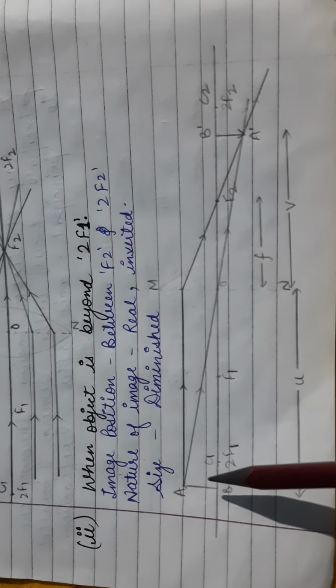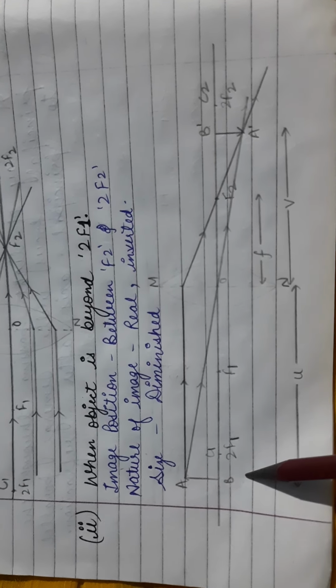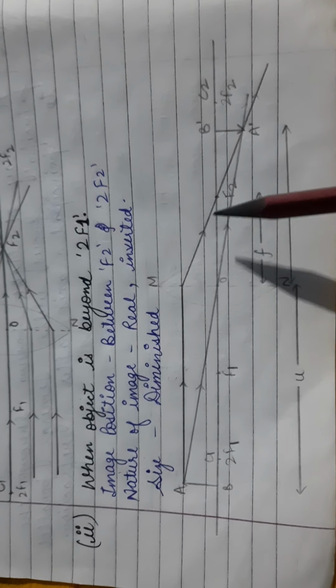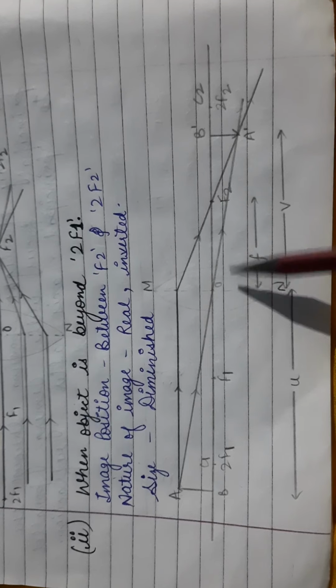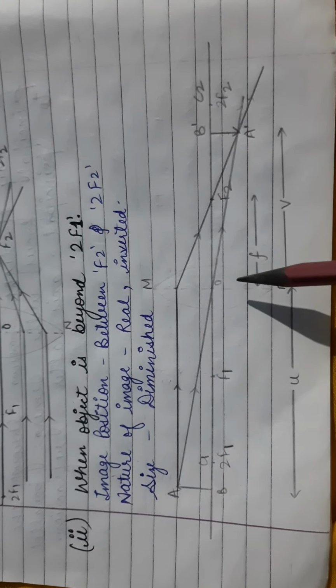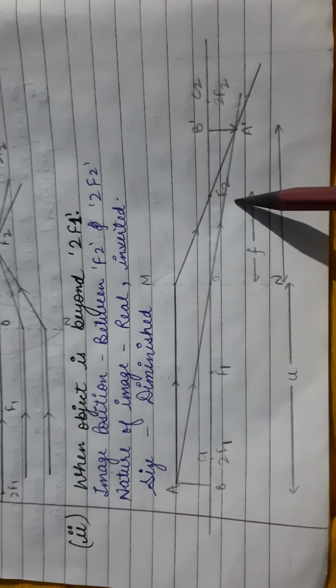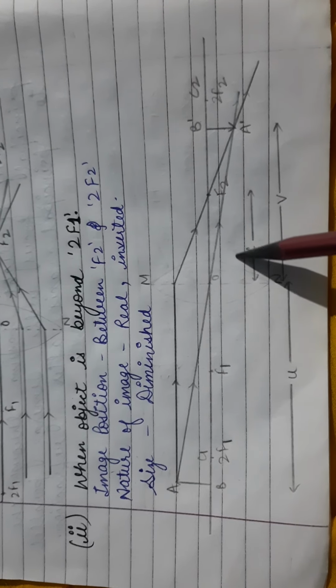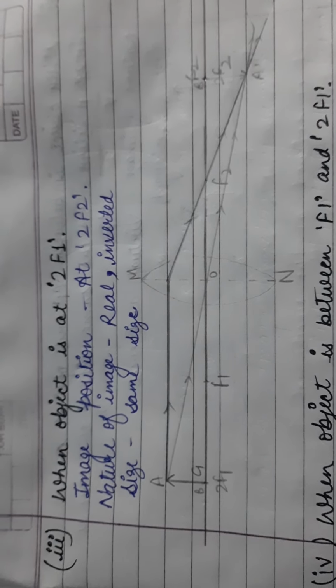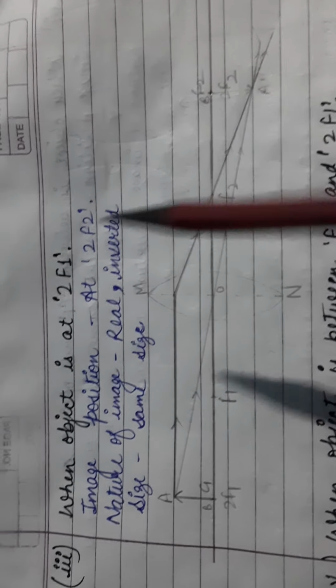Here, the distance from the object to the optical center is known as u. The distance between the image formed and the optical center is v, and the distance between the focus and optical center is f.